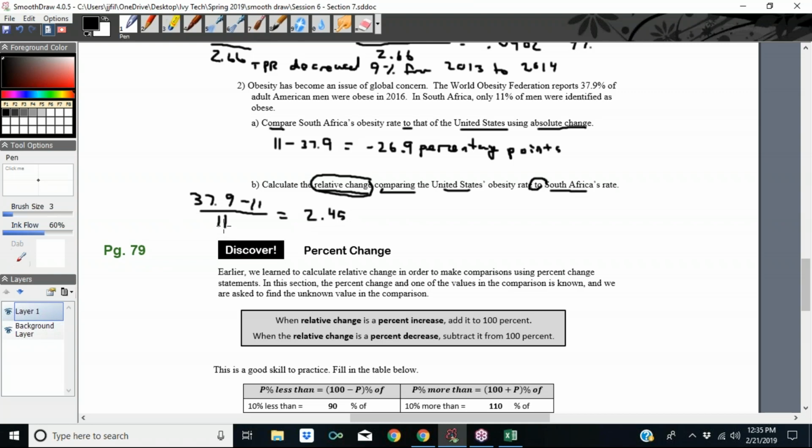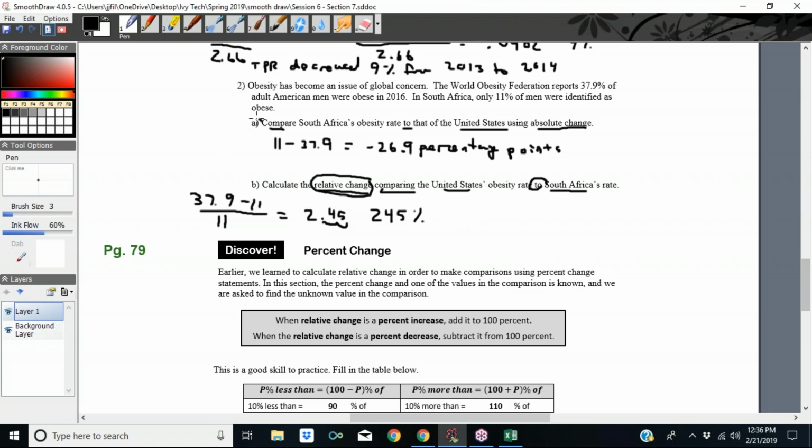The numerator is larger than the denominator. And so we're going to get a number bigger than 1. So we get 2.45. But that's not the percent. We need to move the decimal 2 places to the right. And we get a relative change of 245%. And then we want to be able to interpret that. So the interpretation would be the obesity rates of adult men in the US are 245% higher than obesity rates of adult men in South Africa.